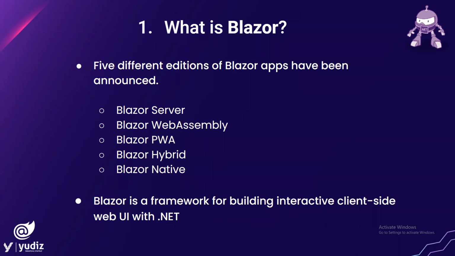PWA is a single page application, and we can use it as a desktop as well as a mobile application. And we all are using YouTube, right? YouTube supports PWA, so we can use YouTube as a desktop application. After that, we don't need to go to Google and search for YouTube. We can directly access it from the desktop.